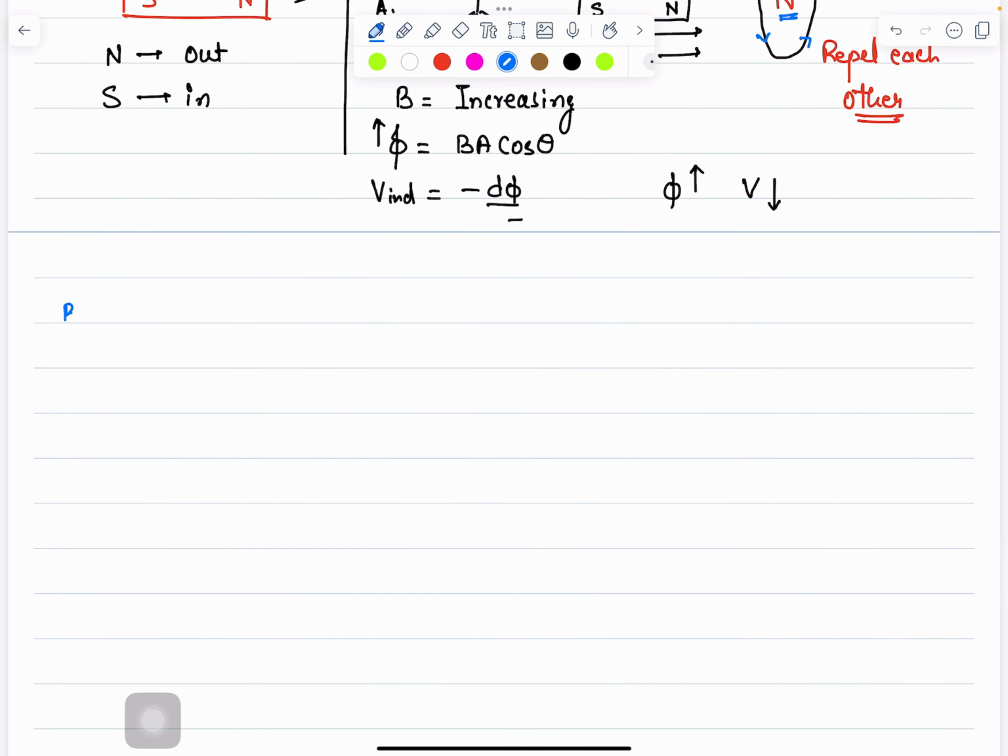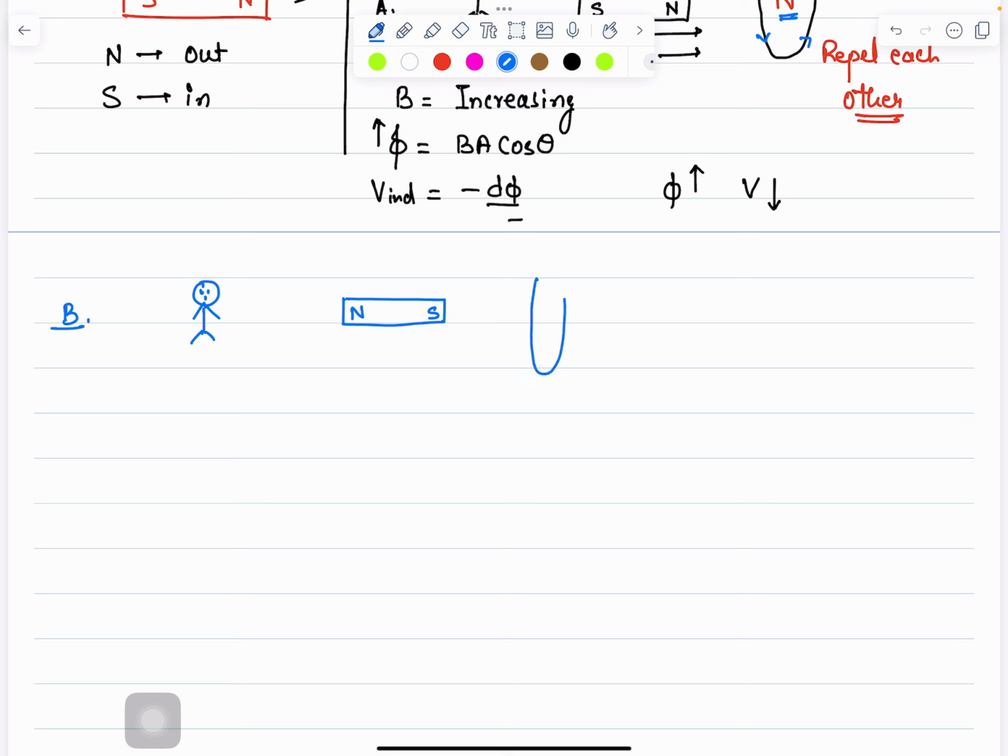Question number B. Let's say your observer is here. Then we can change the direction also. Let's say the person is moving like this. No, this example I already took, so change it and let's say north and south.